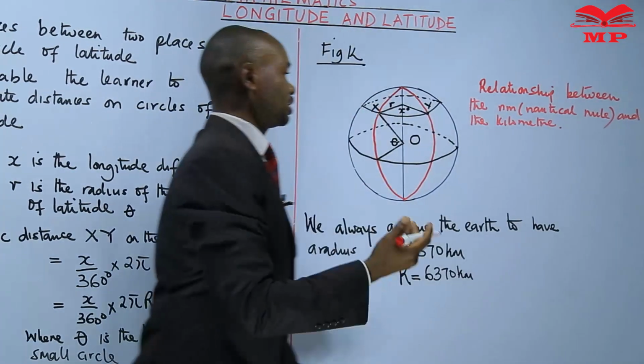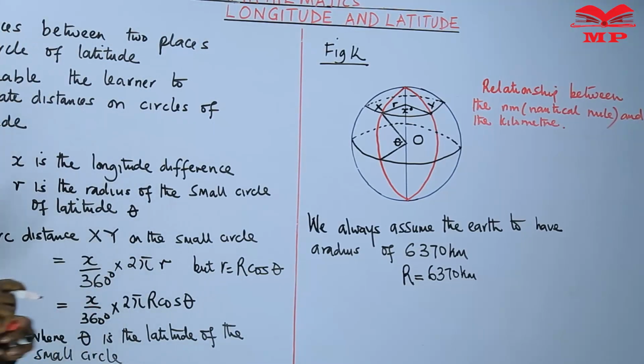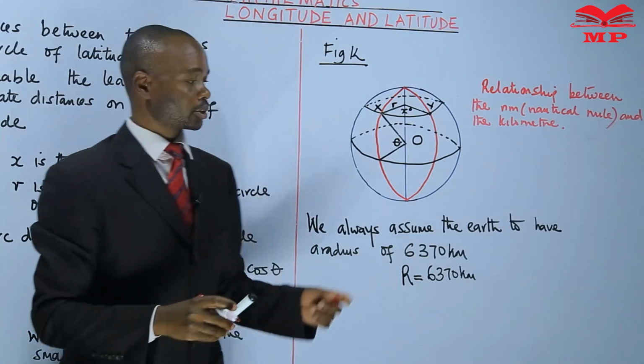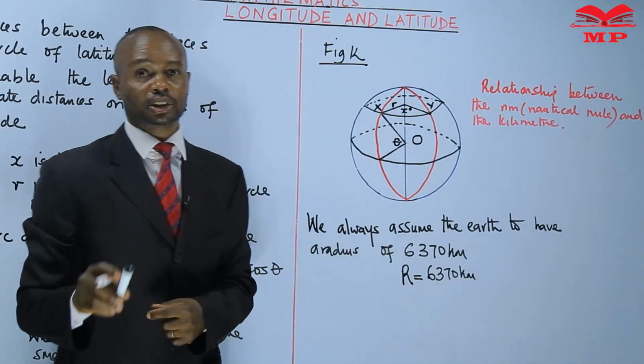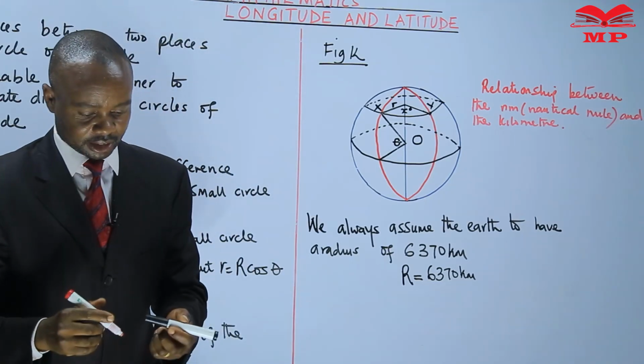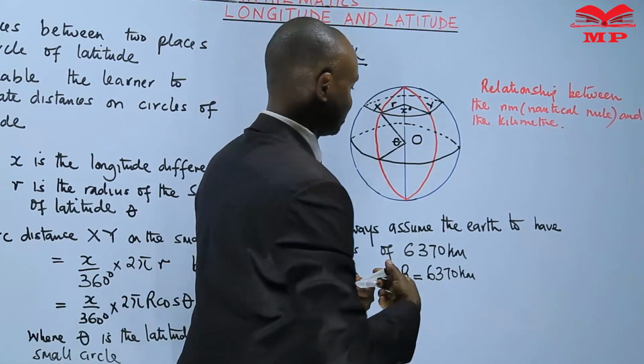Sometimes they'll ask you to calculate this distance in nautical miles and sometimes in kilometers. So it's very good for you to know the relationship between the nautical mile and the kilometer.